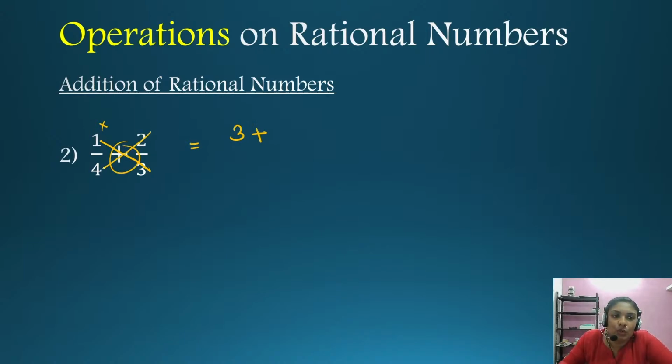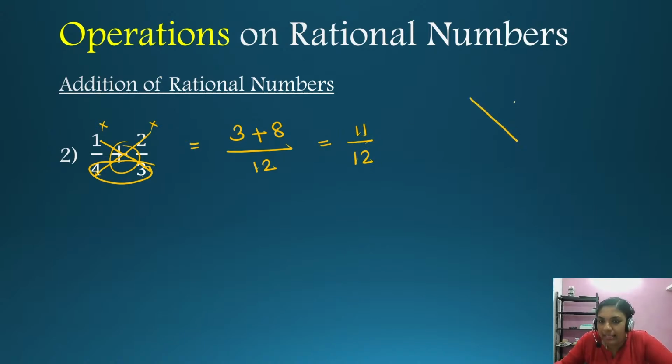Then 2 fours are 8. Then in the denominator, you have to multiply straight: 4 threes are 12. So the answer will be 11 by 12. Did you understand the trick? You multiply like this, then like this, then in the denominator you go for the straight multiplication. This is the method to find the sum of two rational numbers.